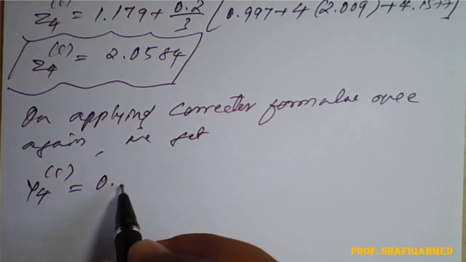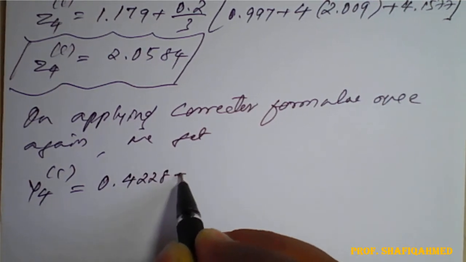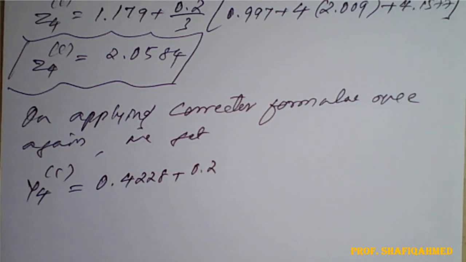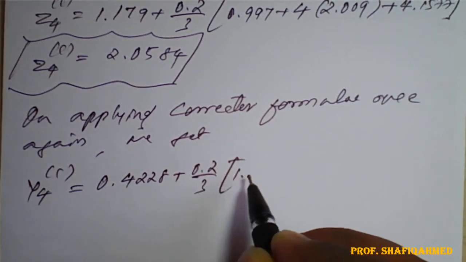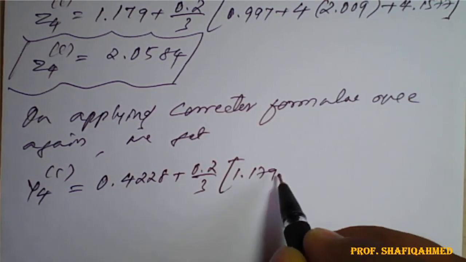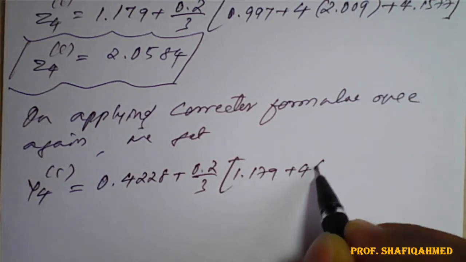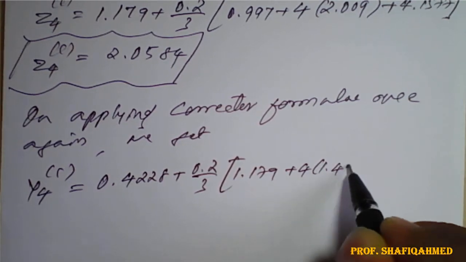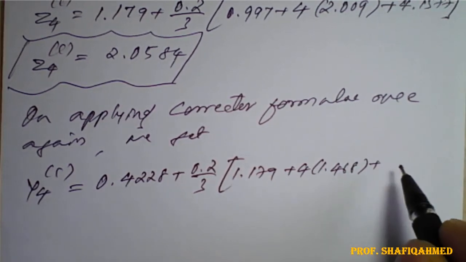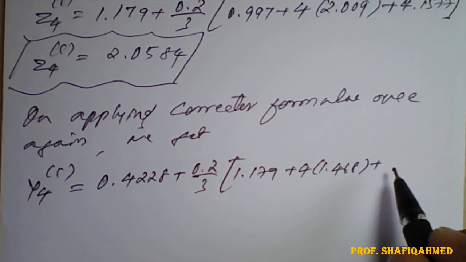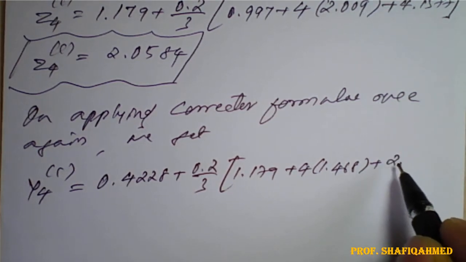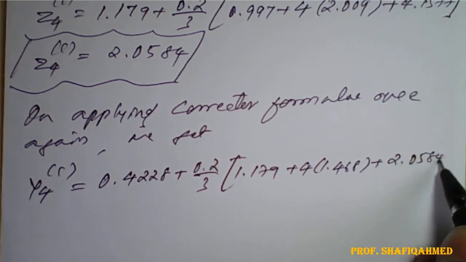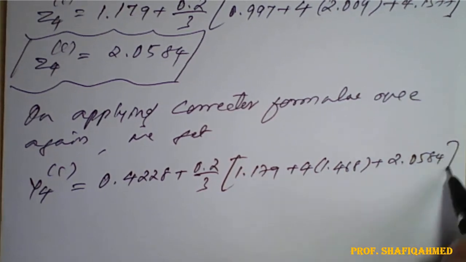That is 0.4228 plus 0.2 upon 3 bracket 1.179 plus 4 times 1.468 plus, instead of 2.0307, that is the old value of Z4, we need to take the fresh value, that is 2.0584, the fresh value of Z4.